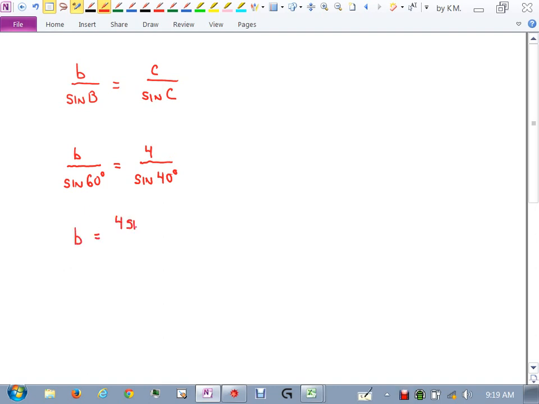So we're going to do on our calculator 4 sine 60 over sine 40. 5.389, something like that. Approximately 5.389. That's good enough.